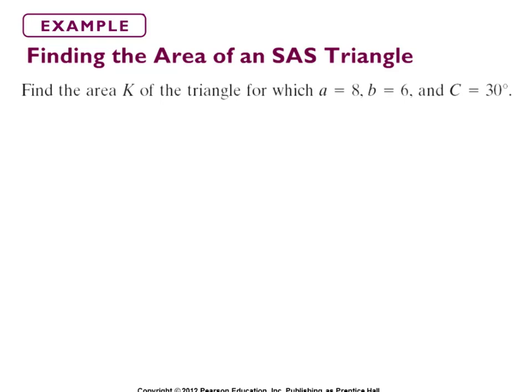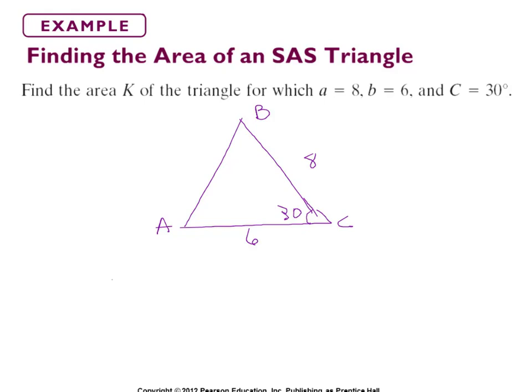Okay. So it says find the area of the triangle for which, well, let's draw it. So let's call this ABC. So that means this is 8, this is 6, and this is 30 degrees, right?